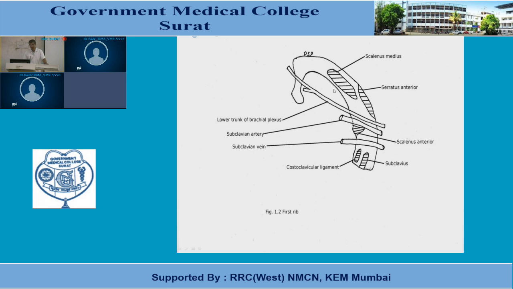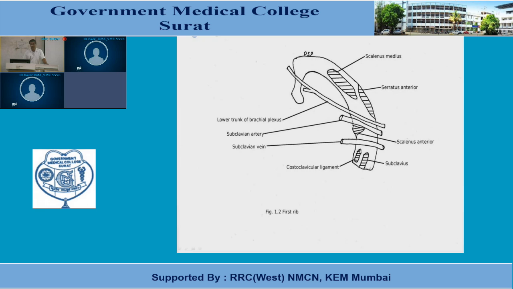On the upper surface of the first rib, posterior to the posterior groove, there is attachment of the scalenus medius muscle. In relation with the outer margin, there is origin of the first digitation of the serratus anterior muscle.